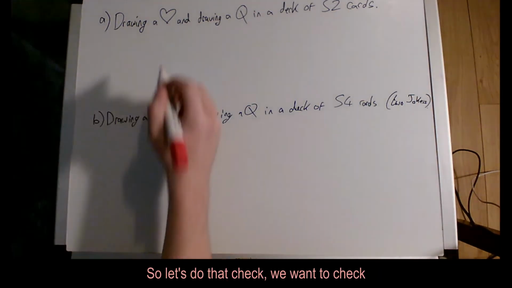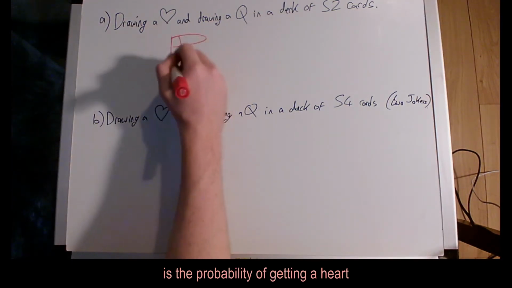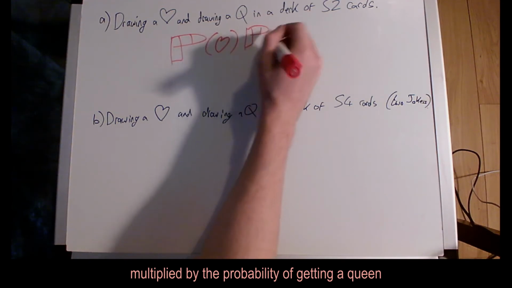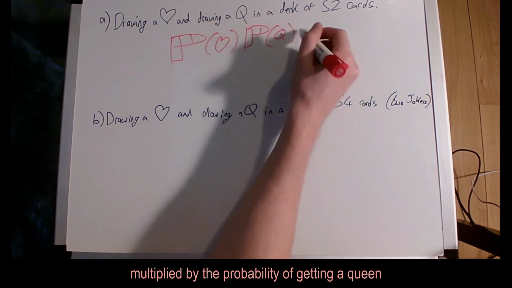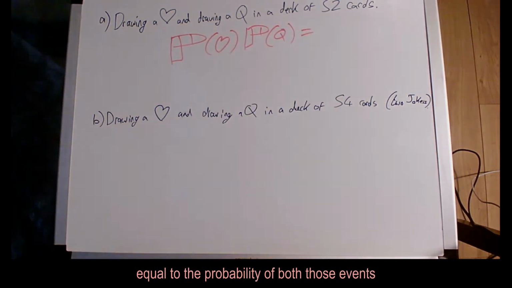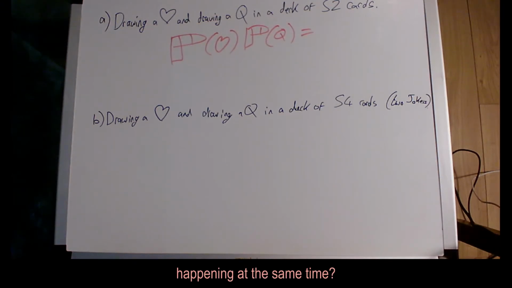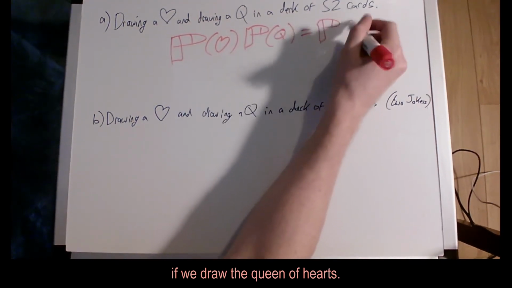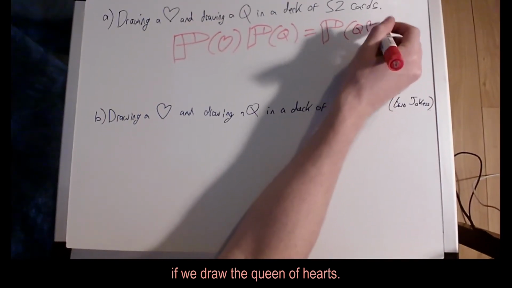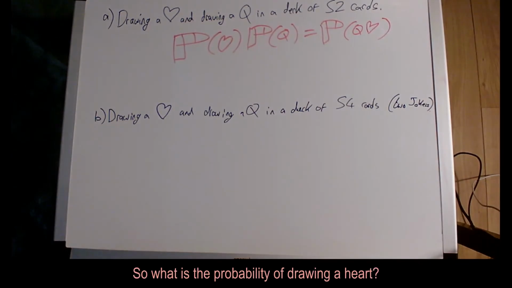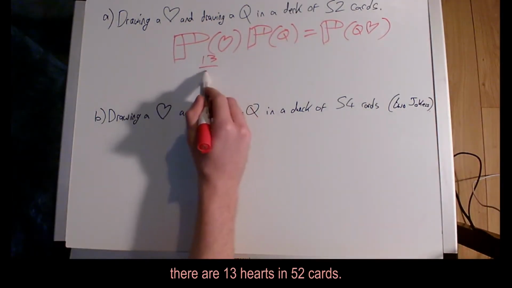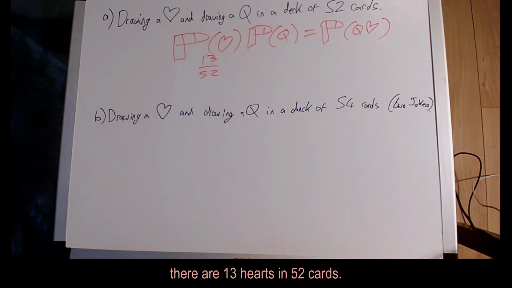We want to check, is the probability of getting a heart multiplied by the probability of getting a queen equal to the probability of both those events happening at the same time? Well, they happen at the same time if we draw the Queen of Hearts. So what is the probability of drawing a heart? There are 13 hearts in 52 cards.